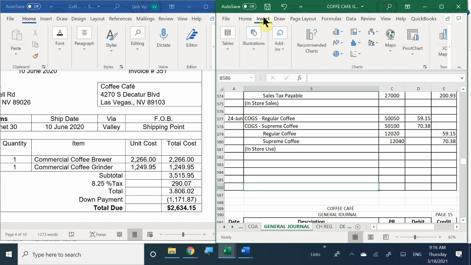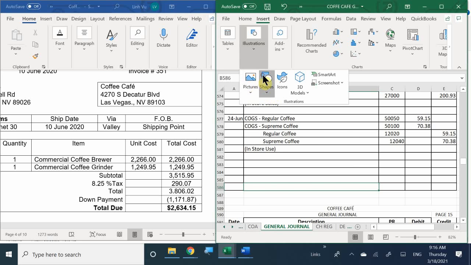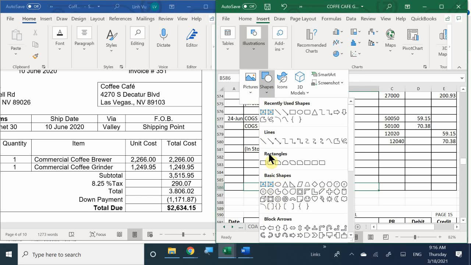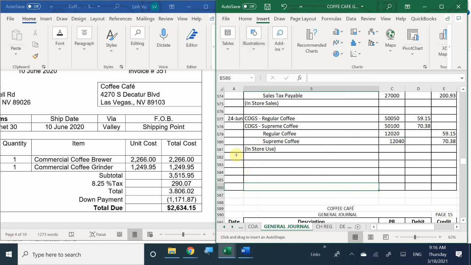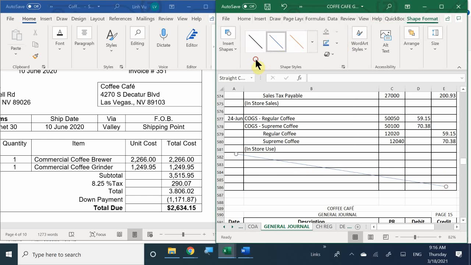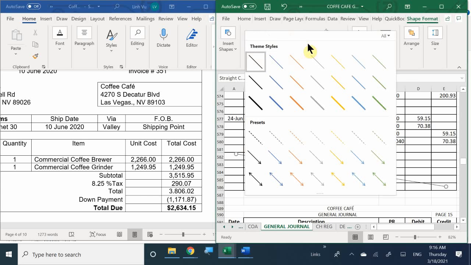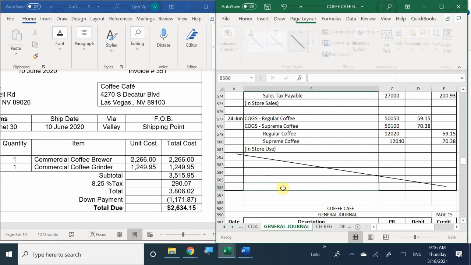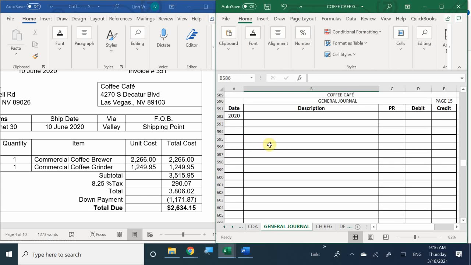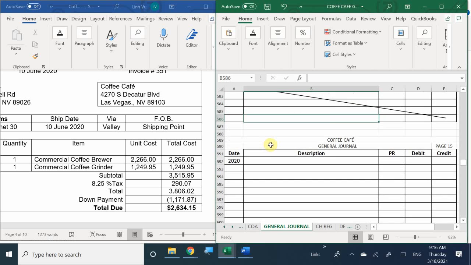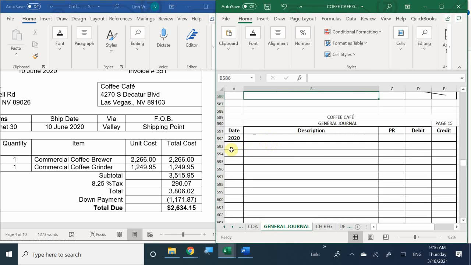So let me go ahead and insert. There you go. I'm going to draw a line. Okay. So we're going to move on to the next journal over. We're going to be on journal number 15.